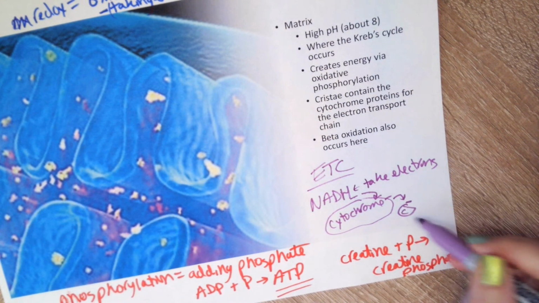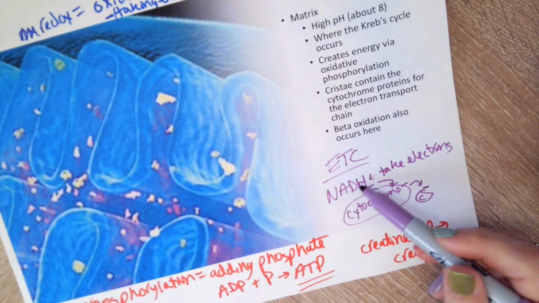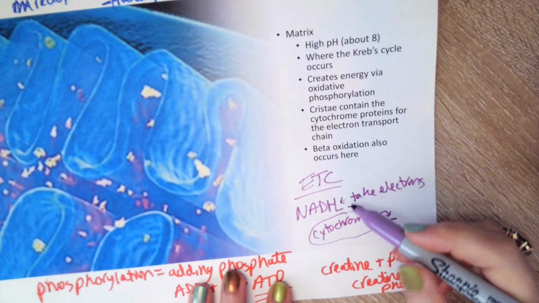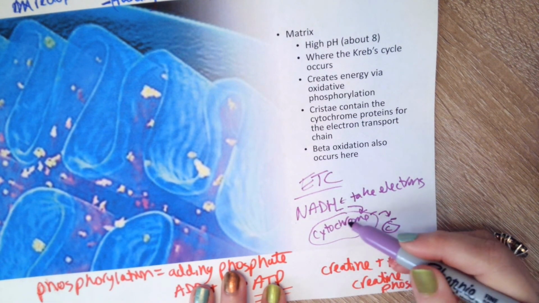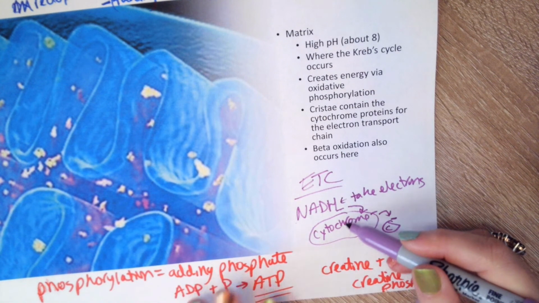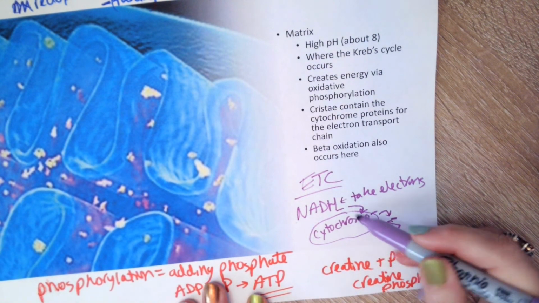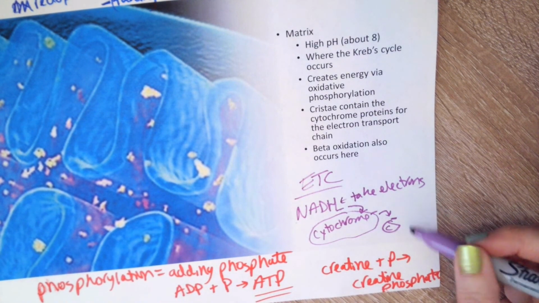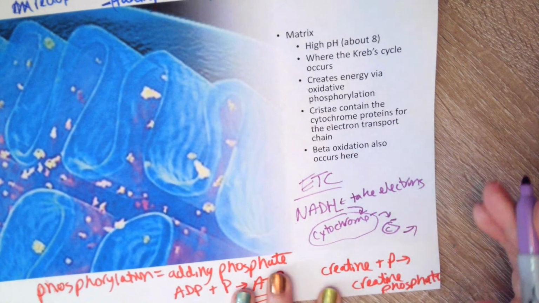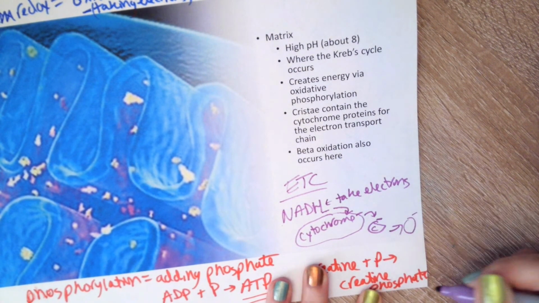But for now, just understand that we are taking a substance that came out of the Krebs cycle, we're oxidizing it by taking the electrons away, we're using those electrons to reduce another substance, a protein in this case, and then we're going to oxidize that thing that we just reduced and use that electron to reduce another thing until finally we reduce an oxygen.